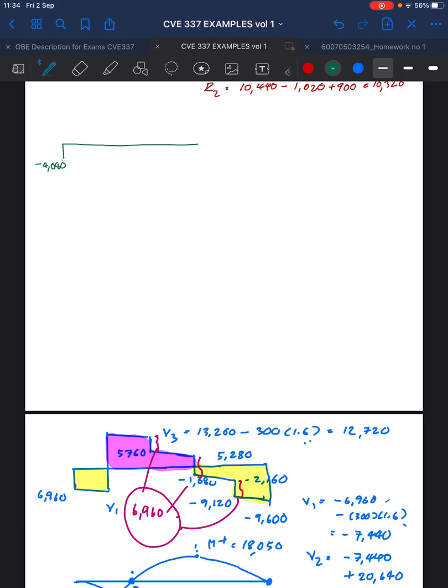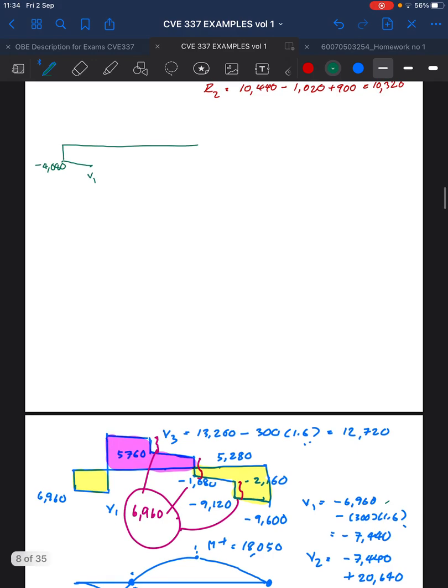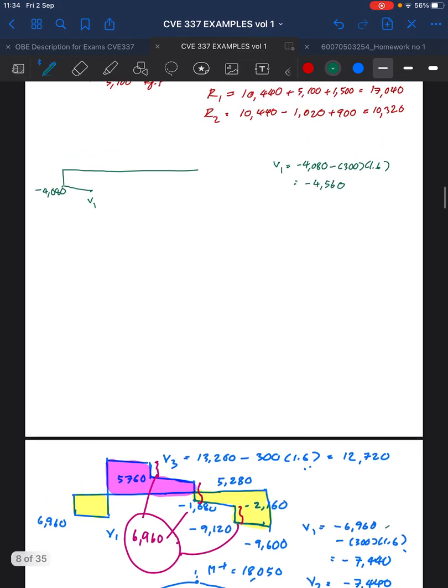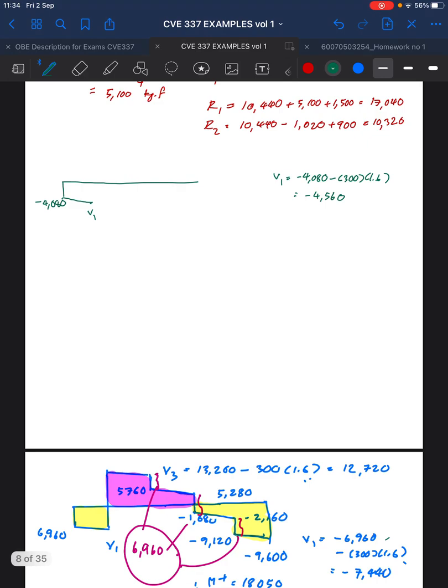So that gives us here V1. V1 is minus 4080 minus 300 multiplied by 1.6, which is minus 4560. And then you meet with reaction number 1, so it goes back up to V2.